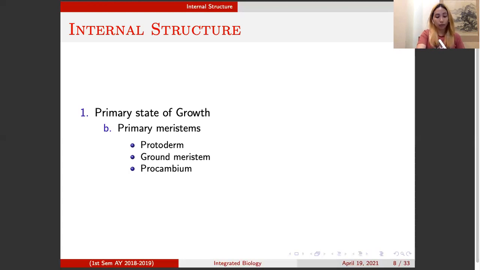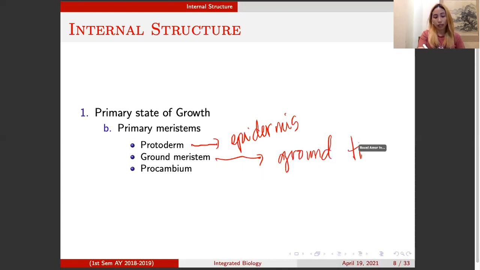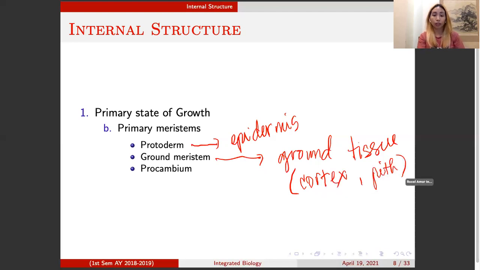We all know that the protoderm will give rise to the epidermis, which we will also discuss later. The ground meristem will give rise to the ground tissue. Nakita na ninyo sa PDF ninyo na meron akong phase of primary meristems, no? So you will see all this. The ground tissue, depende kung nasaan area siya, can be classified as either a cortex or a pith area or tissue.